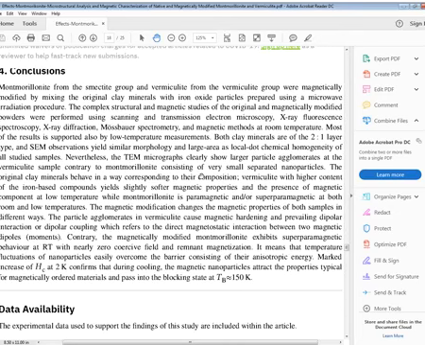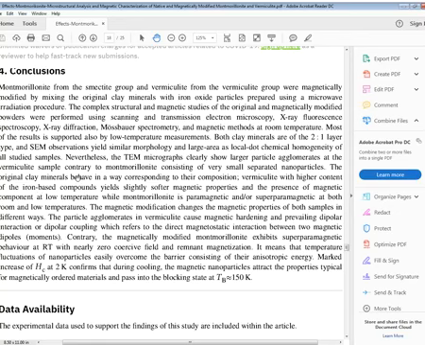Both clay minerals of 2:1 layer type and SEM observations yield similar morphology and large area as well as local chemical homogeneity of all studied samples. Nevertheless, the micrographs clearly show large particle agglomerates in the vermiculite sample, contrary to montmorillonite consisting of very small separate nanoparticles.